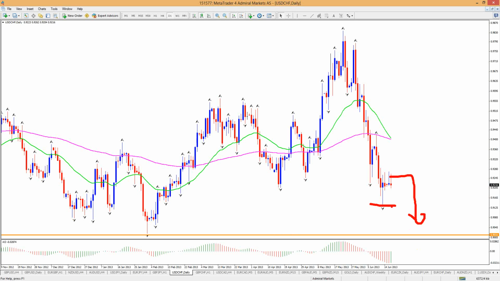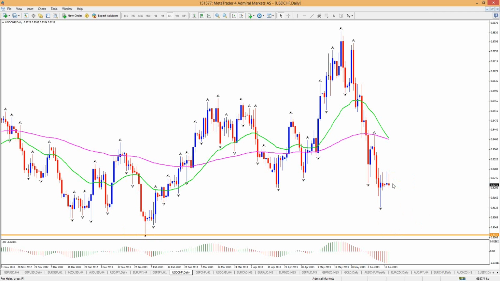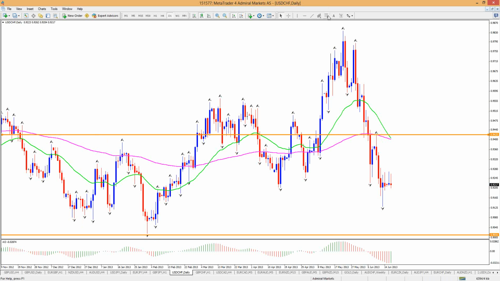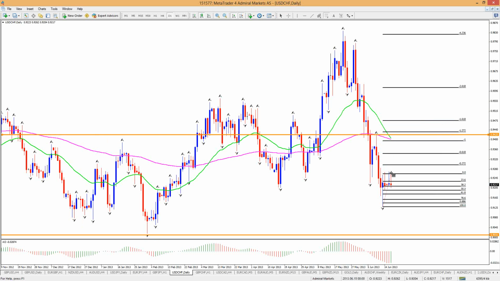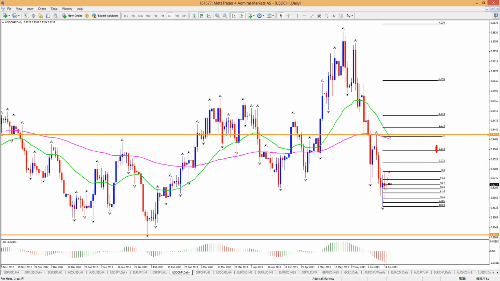But if we break this bottom, we are definitely bumping into some support here. Any move up would bump into resistance here. And any of this target, for example, here, 618, would definitely be resistance.